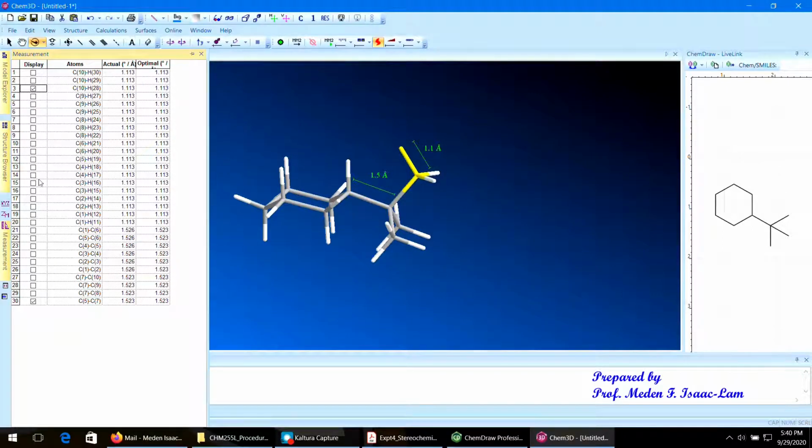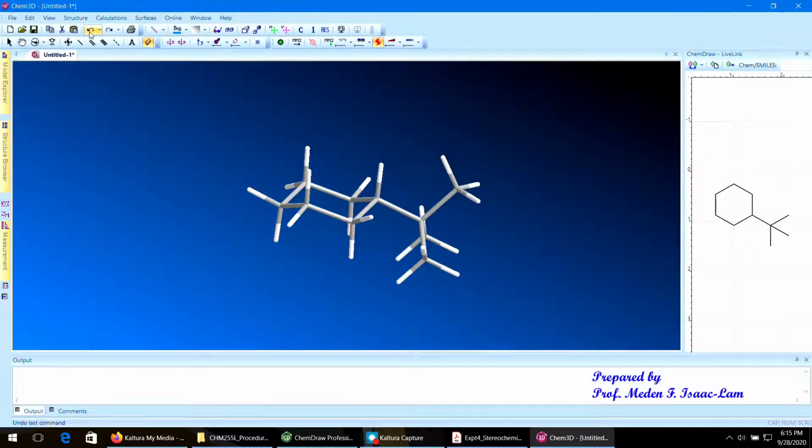So this table calculates everything in this molecule, carbon to carbon bond, carbon to H bond. And then on the right panel here is also a drawing, and you can also draw the molecule in here instead of drawing it in the ChemDraw. So either way. Now we're going to do letter B, which is measure the bond angle of carbon 1, 2, and 3.